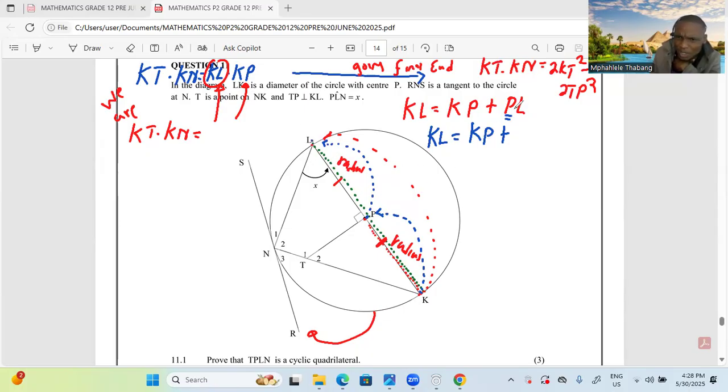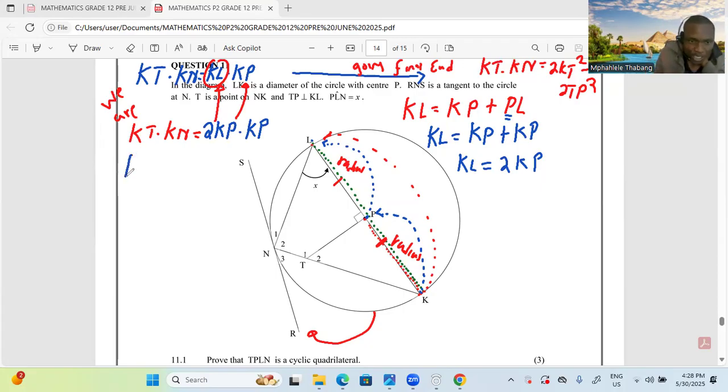So KL becomes 2KP. So now my KL is 2KP times KP. Show all the workings in your exam. You have to show us why you say KL is 2KP.